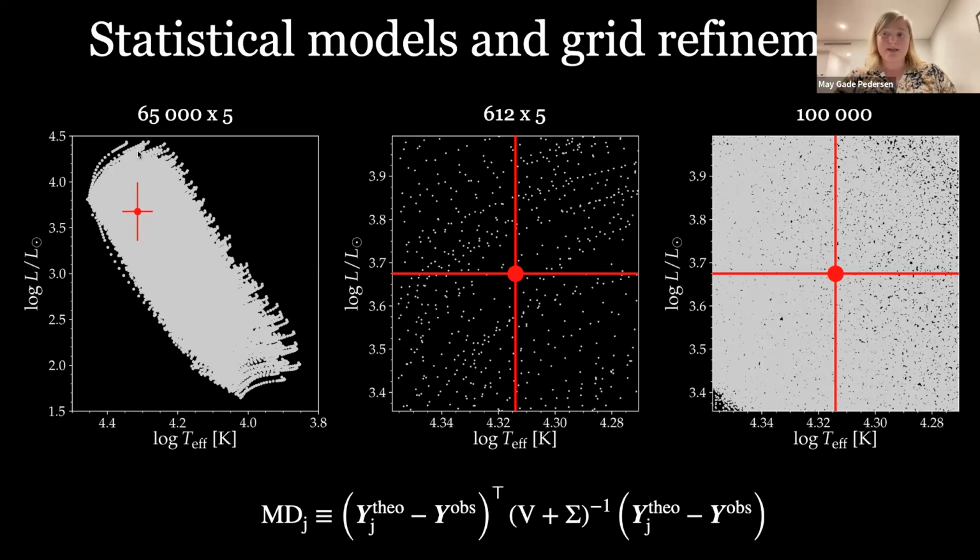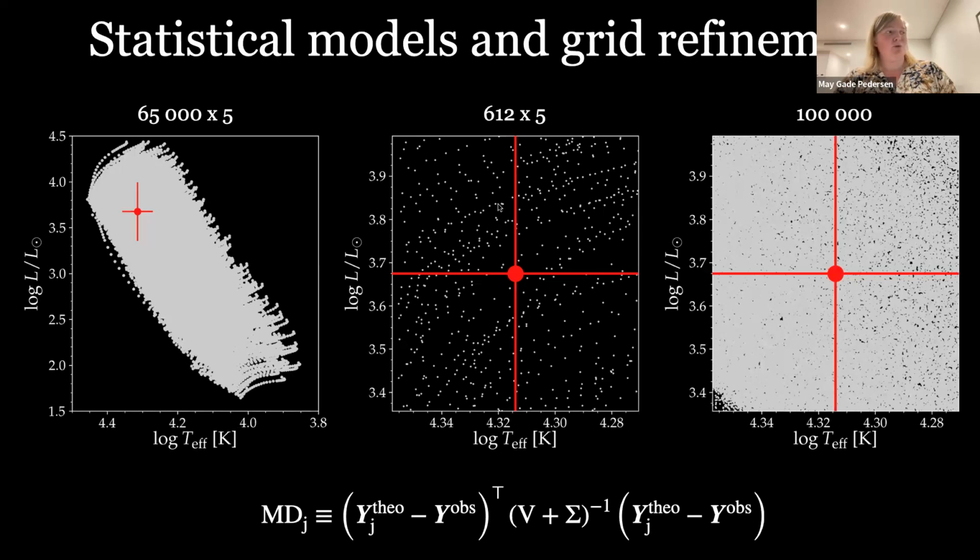Based on this grid, we calculate a statistical model that we use to predict what the oscillations would be at different points that were not included in the original grid. So the way this works for the asteroseismic modeling in the end is we look at the position of the star in the HR diagram, and zoom in on this region.